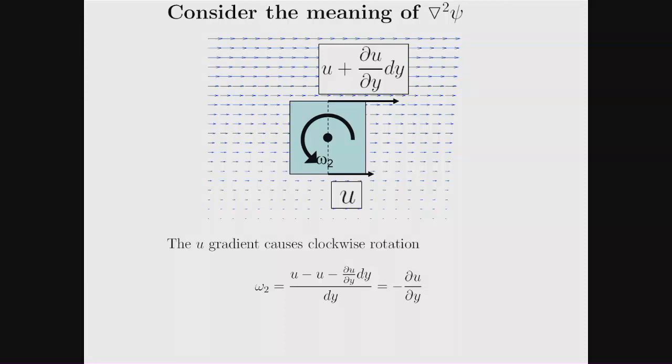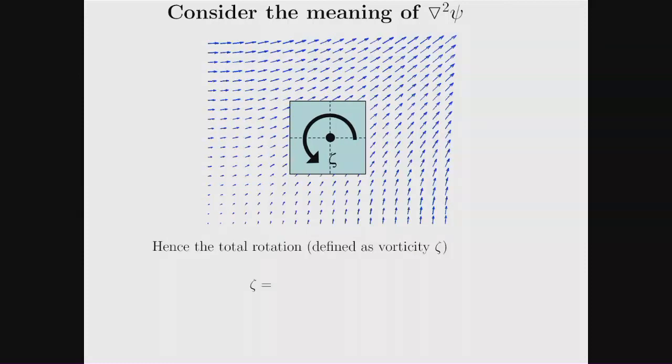Yep. So because I've kept my notation consistent, you can see that actually omega 2 is a negative del u del y, right? So the total rotation, okay, gamma is just going to be omega 1 plus omega 2, okay, and gamma is just vorticity, right?